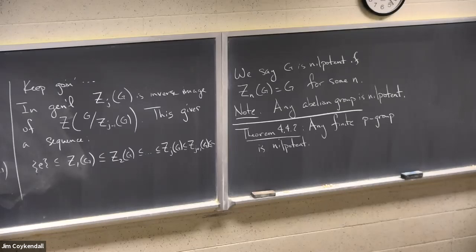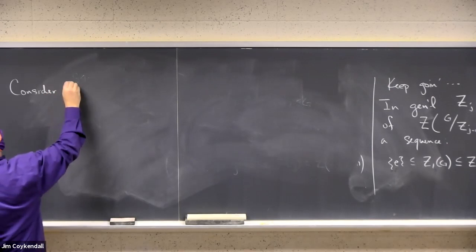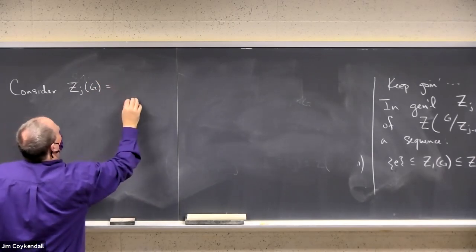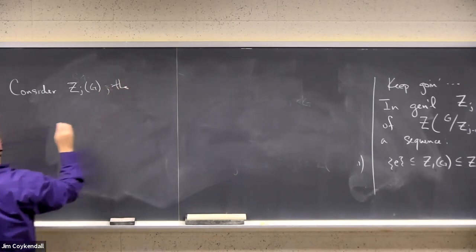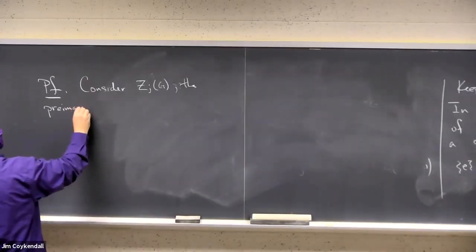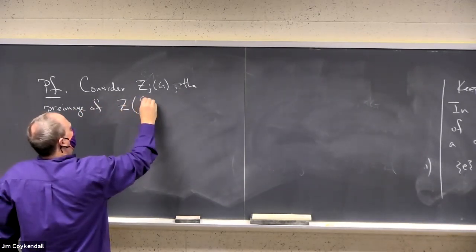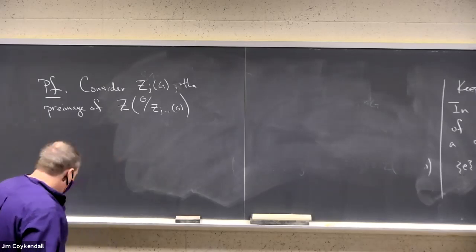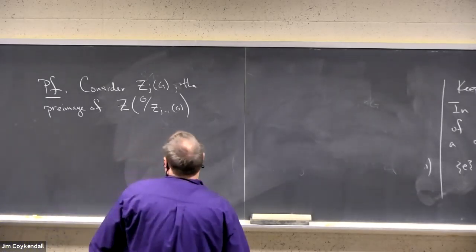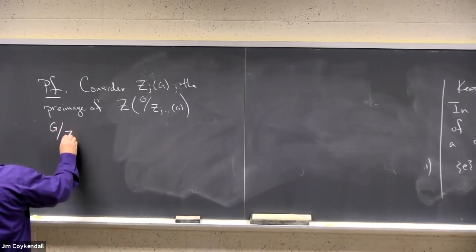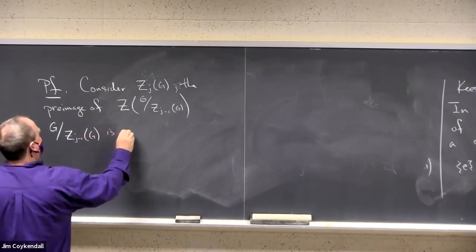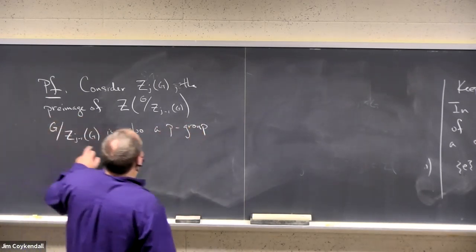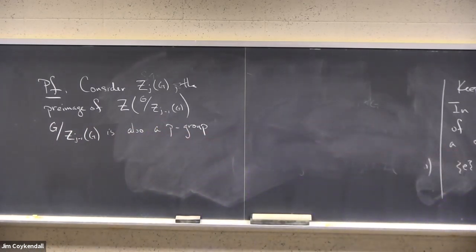Okay, so consider the pre-image. Let me point out first that G mod Z_{j-1}(G) is also a p-group, correct?